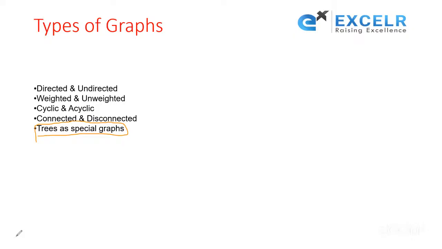Yes, so a tree is a special type of graph. What is the difference between a tree and a graph now? See, a tree is a special type of graph. Is a graph a tree? Let me ask you a question.